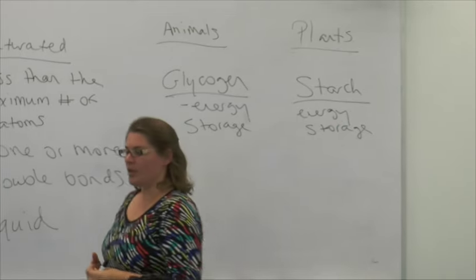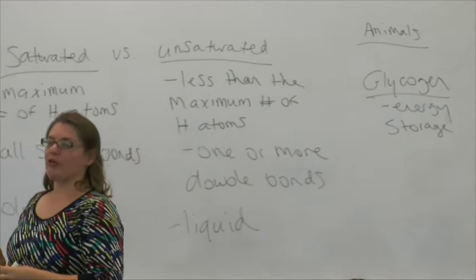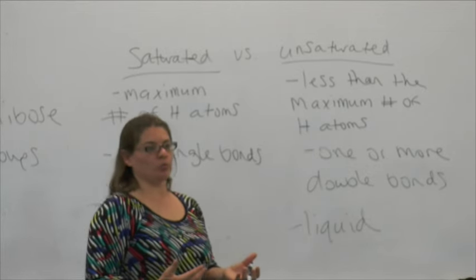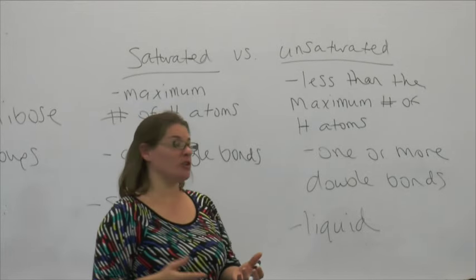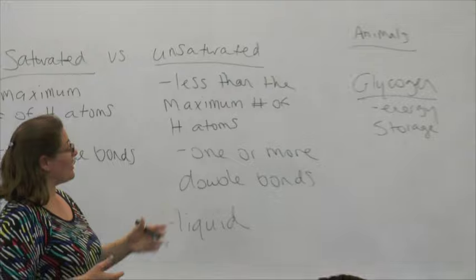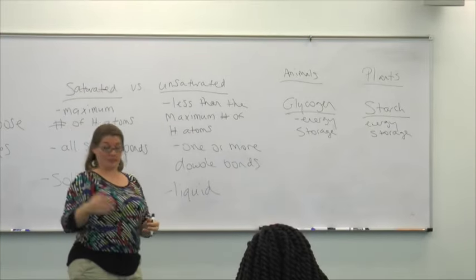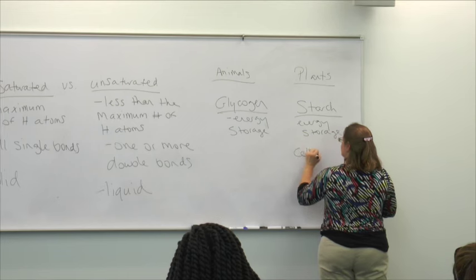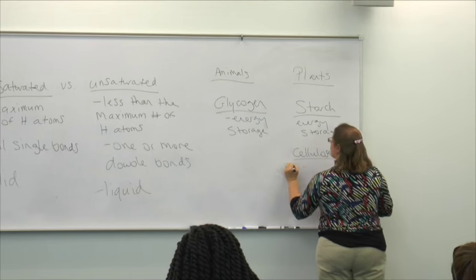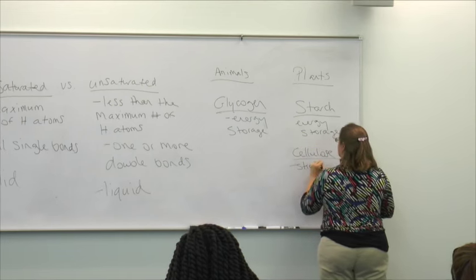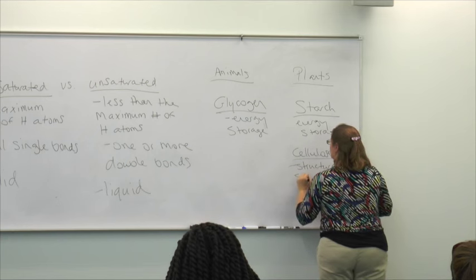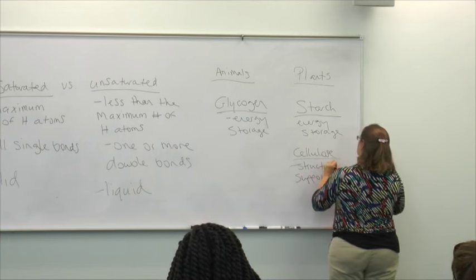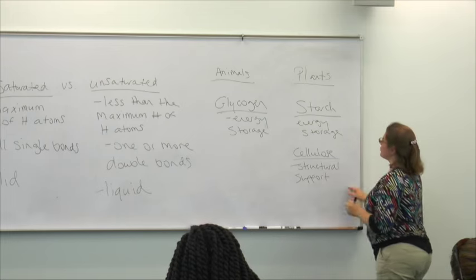Okay? The other two that you learned about are for providing structural support. So, which one? Okay, what about cellulose? Structural support for what? Animals or plants? Plants. Yep. So cellulose is for structural support in plants.